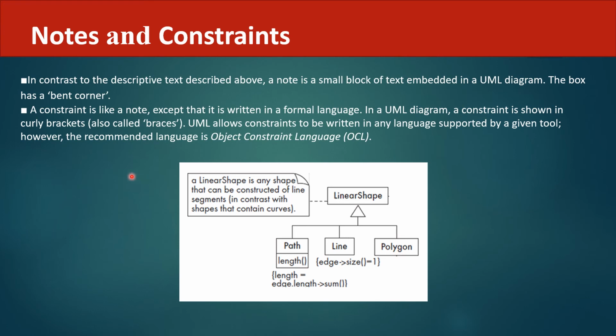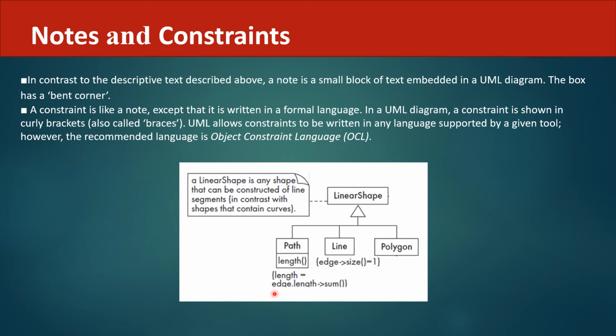Now let's see how notes and constraints are represented in the UML class diagram. A note is a small block of text embedded in a UML diagram. The box has a bent corner. Now, what's a constraint?